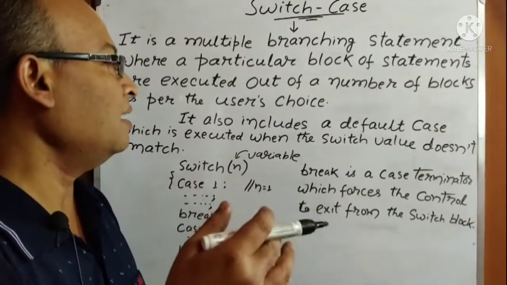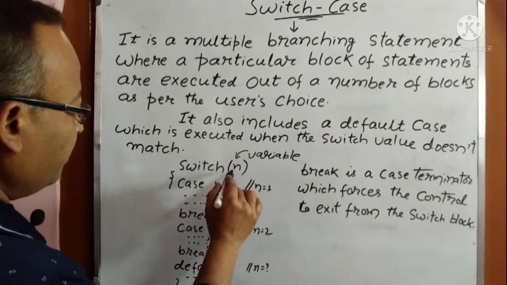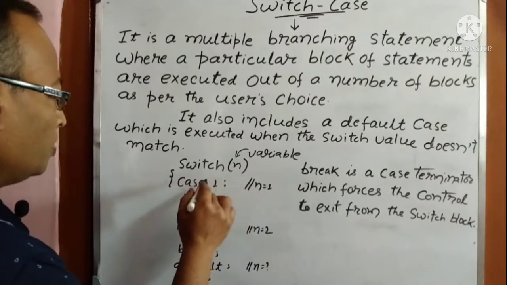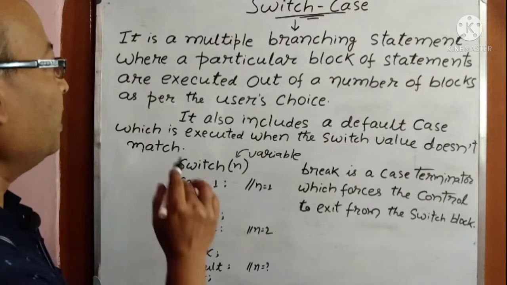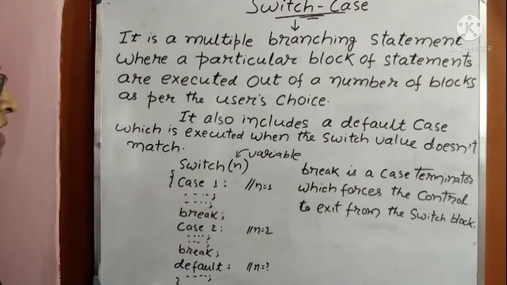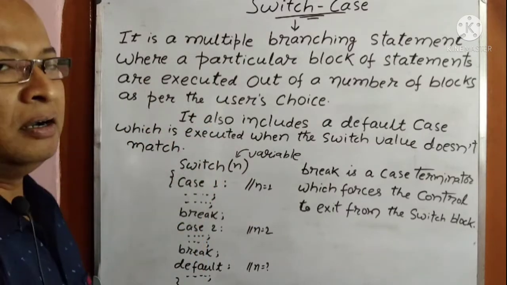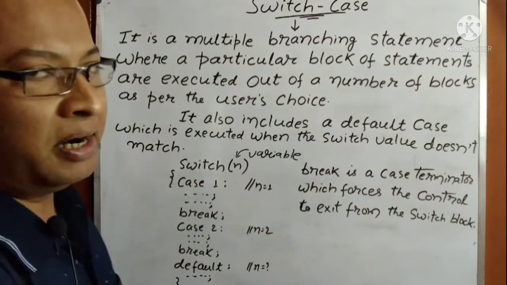During runtime, whatever the user provides in this variable, that value will be checked over here. Clear? So we will work it out in a program. It will be much easier, and I will show you just now two programs, one with the integer data type and another with the char data type.